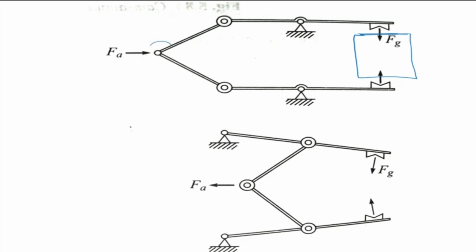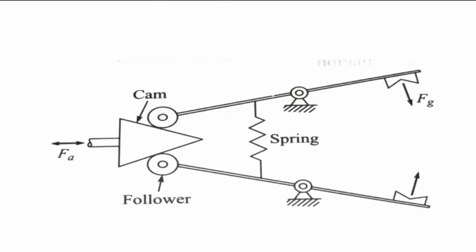For that, we can use a mechanism which is like this, or a mechanism which is like this. This is for opening it, and this is for closing it. When it is moved in this direction, it is opened, and when it is moved in the reverse direction, it is closed. But note very carefully the design of the mechanism.